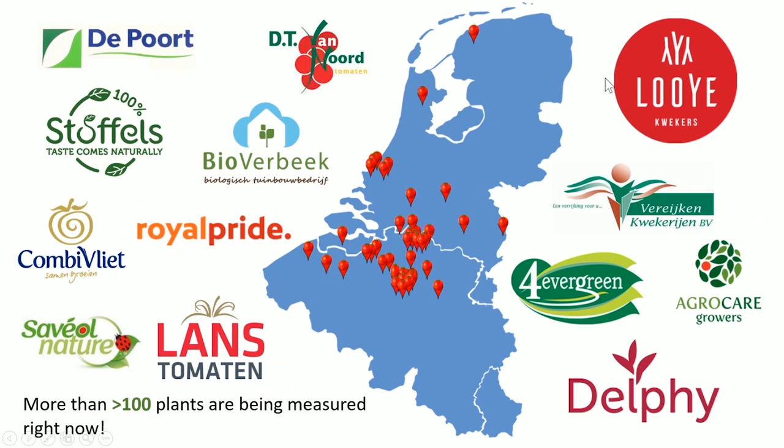Like Looye, who are rather famous with their honey tomatoes, Royal Pride, Combivliet, but also Delphi, which is a knowledge center. They're really going to be our knowledge base, to say it like that, and they are going to see what is good, what is bad, and create certain values for us, because they see a large benefit from the sensors.